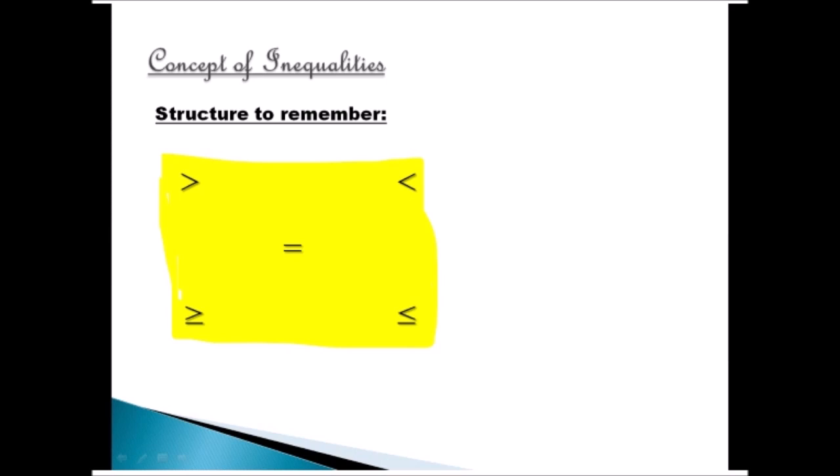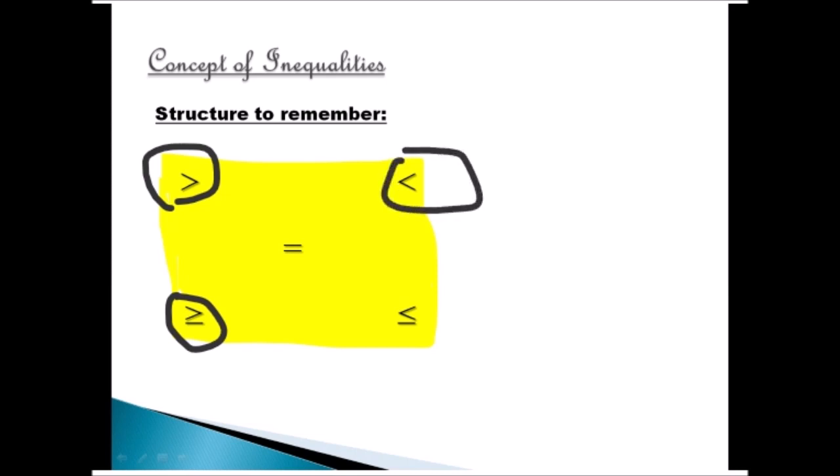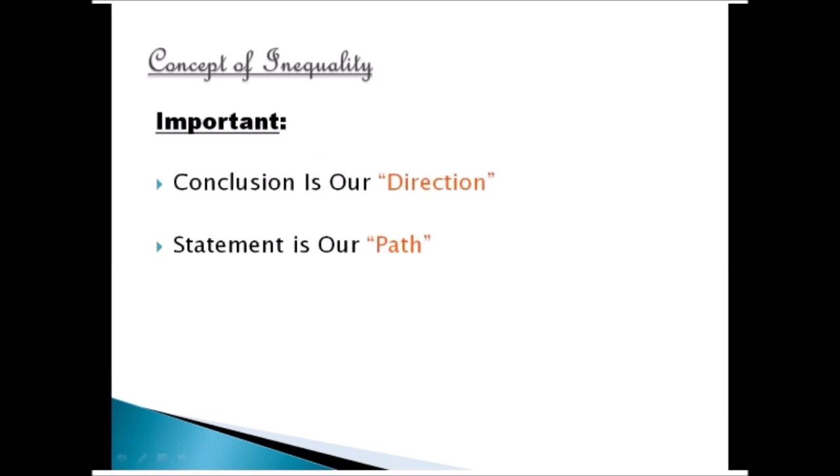So in this structure, greater than comes over here, greater than or equal to over here, less than over here, less than or equal to over here, and equals to at the middle. Whatever values the conclusion requires, only those values we will check in the statement part. So basically conclusion is our direction and statement is our path.